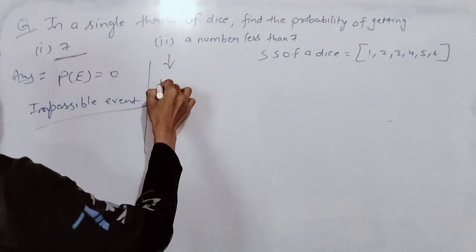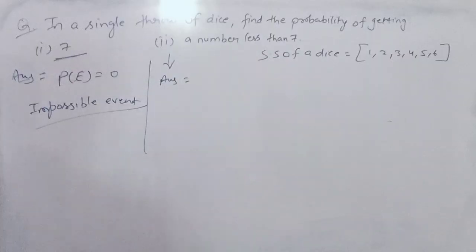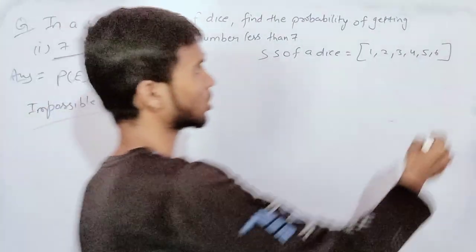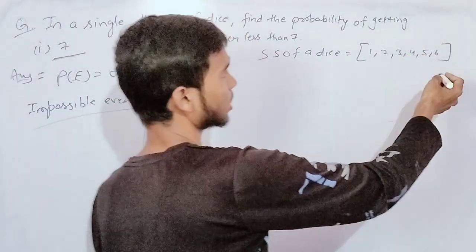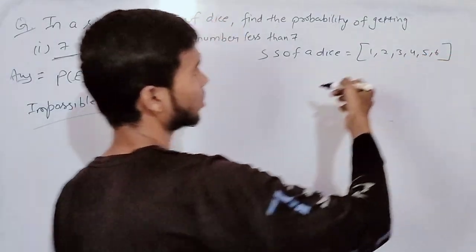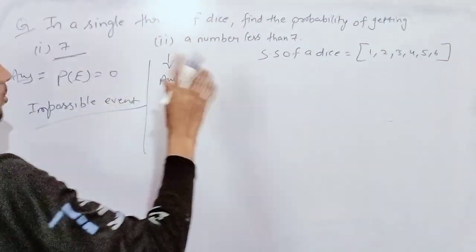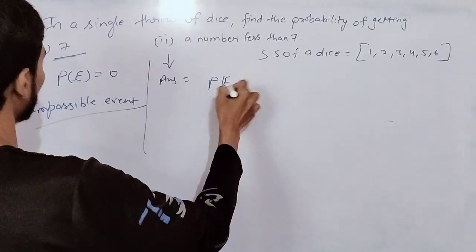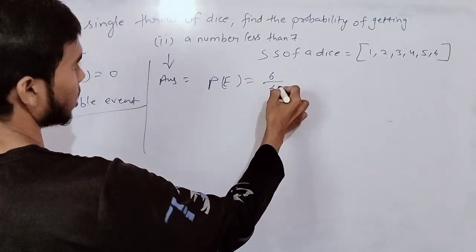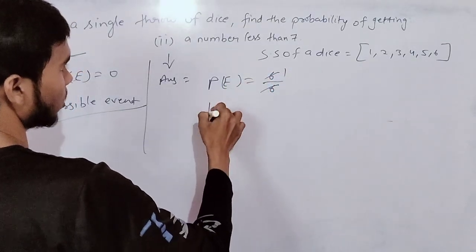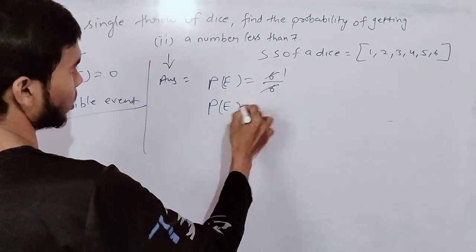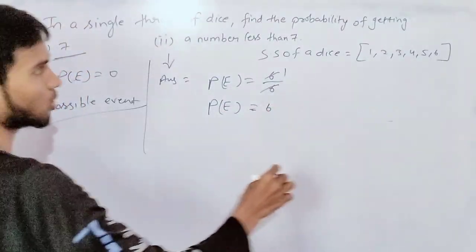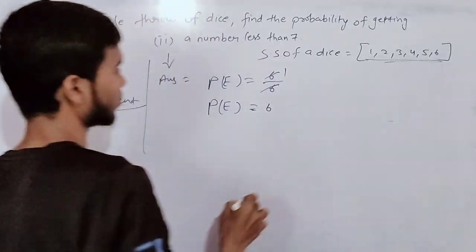And for this, a number less than 7. So less than 7 is what? 6, 5, 4, 3, 2, 1. How many numbers? 6 upon 6, we will get 1. So all of these will come.